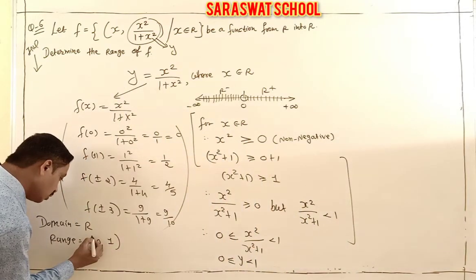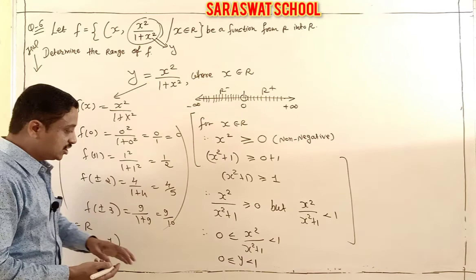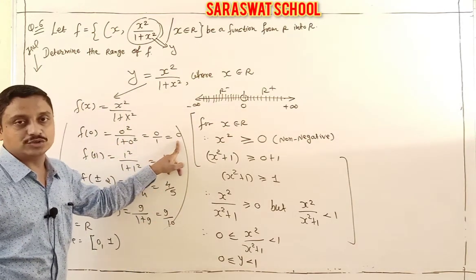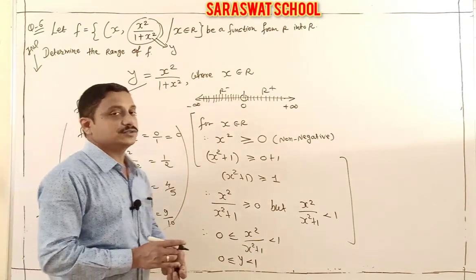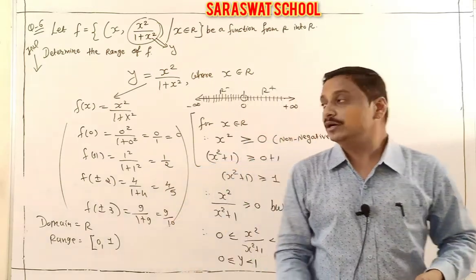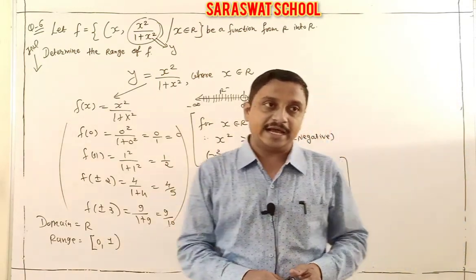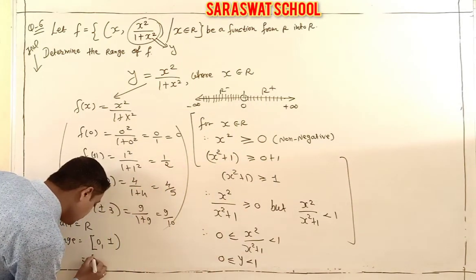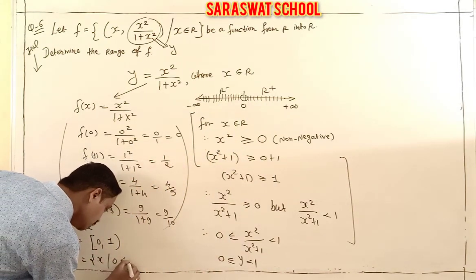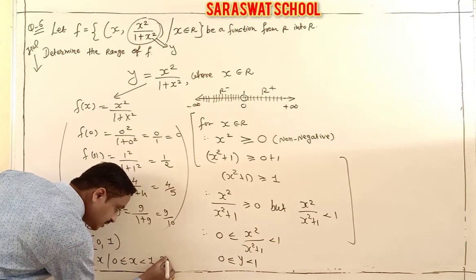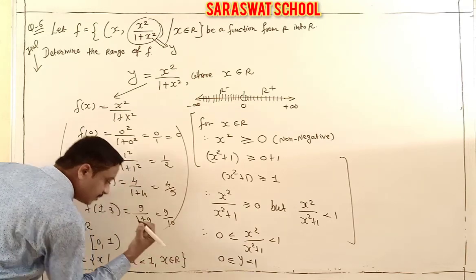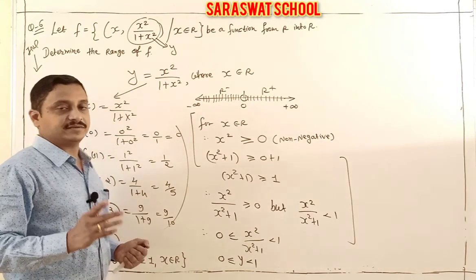Write the closed bracket because 0 is included in these solutions. That's why I write this, students. Here the sixth one is our final answer, closed bracket 0 to 1. Either you can also show this answer as x such that 0 less than or equal to x less than 1 and x belongs to R. That is our final answer.